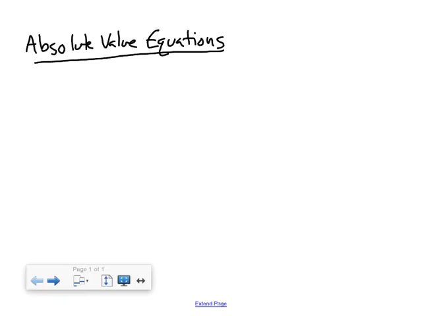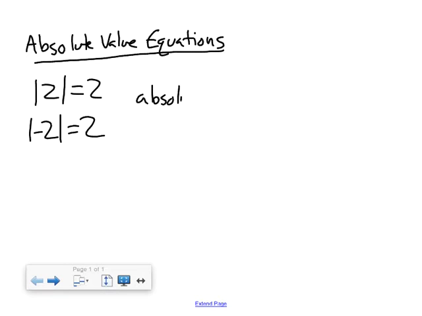So you may remember absolute value. For example, the absolute value of 2 is 2. Also, the absolute value of negative 2 is 2. All absolute value is just the distance the number is from 0.